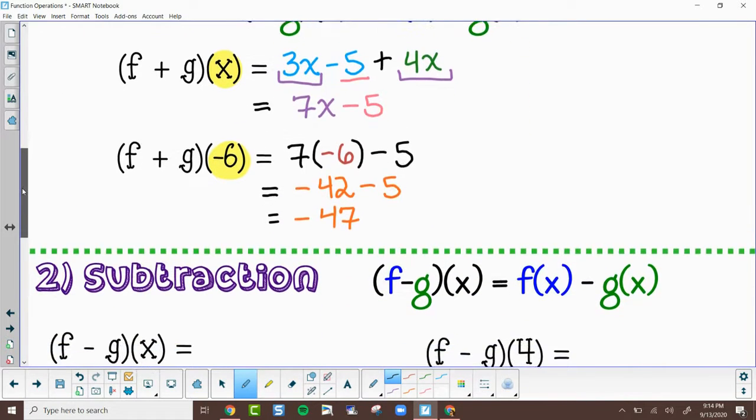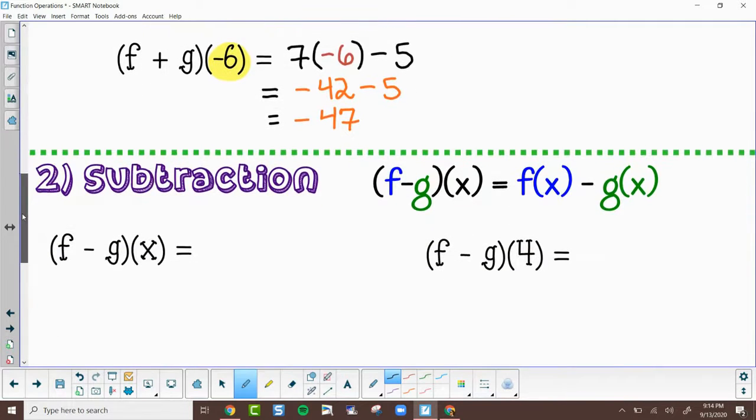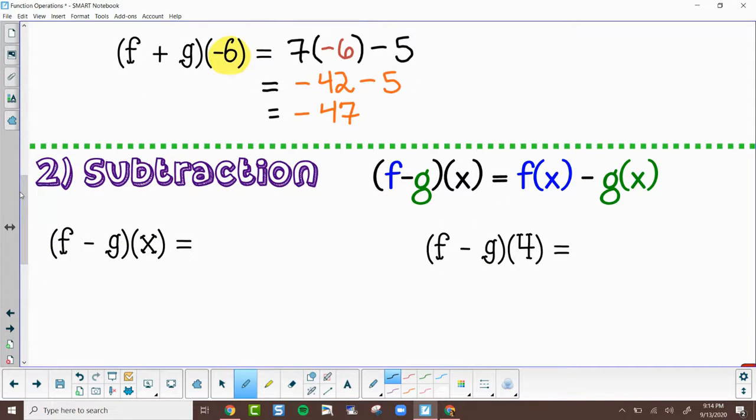Addition's pretty straightforward, so let's try subtraction. Go ahead and try this on your paper and then hit play. All right, welcome back. So on here we have f of x. Again, we have how it's written. So basically I'm subtracting these two functions. In this case, I've got 3x minus 5, and then I'm going to take away the other one, which is g of x, which was 4x.